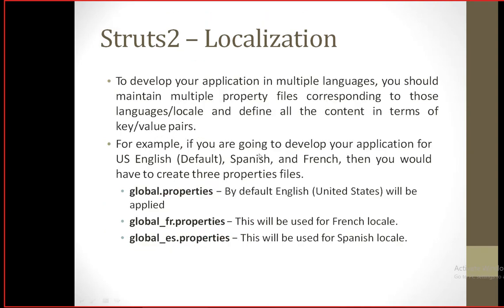Okay. Then we have to define the property files. For each language, we will have to define a property file, right? Whichever language it is supporting, for example, the default English language, United States variant, we'll have to write global.properties.